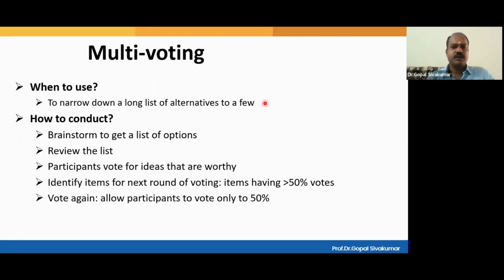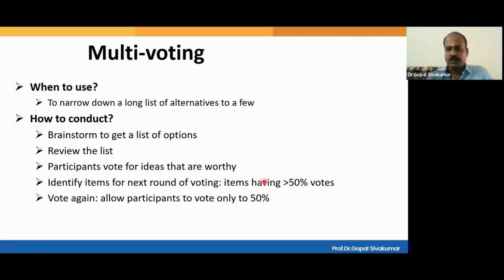And how to conduct a multi-voting? Initially, you can brainstorm to get a list of options, list of solutions, and then review the solutions, and participants now vote for their ideas that are worthy, right? And they can give different gradings for each and every solution. And if you are not able to select the best solution, probably you can identify items for the next round of voting by adding some conditions.